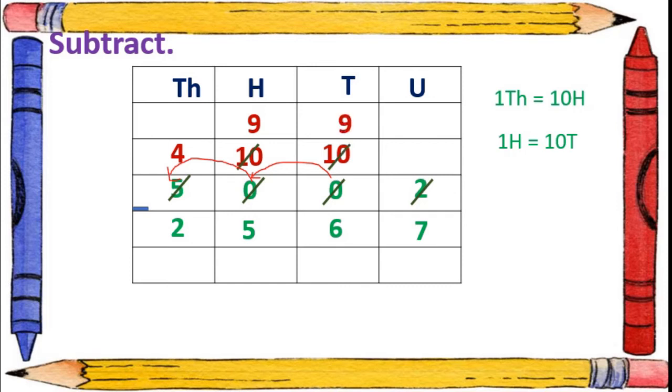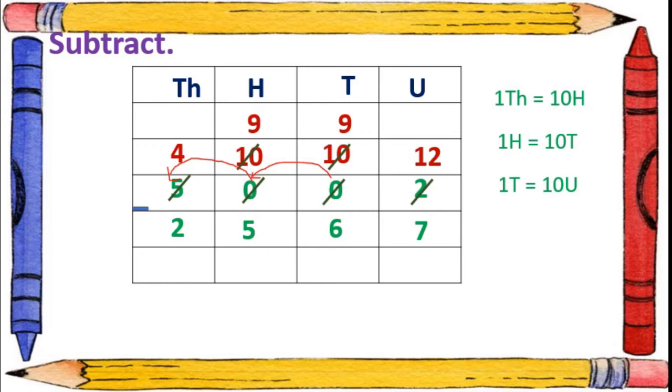Again here it will become 9. And 10 we will give it to unit place. And you know that 10 tens is equal to 10 units. Correct? These 10 units plus 2 units in that column, together it makes 12 units. Correct? Now we can proceed to our sum.